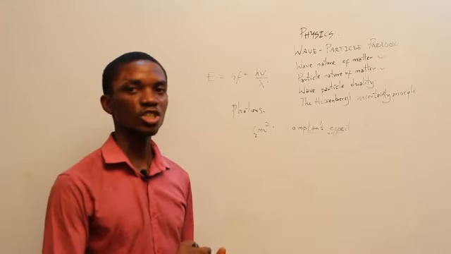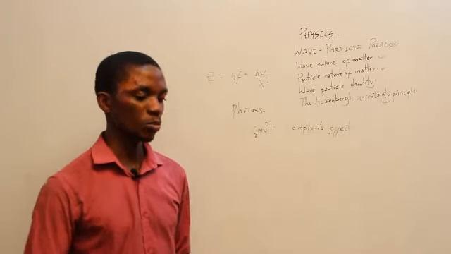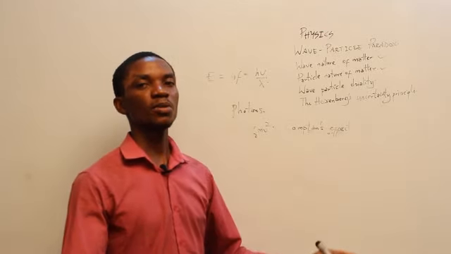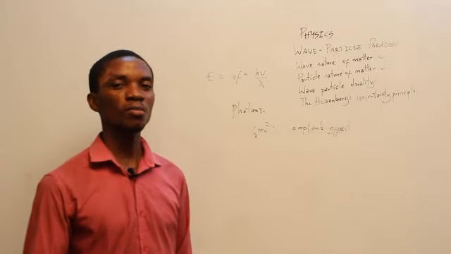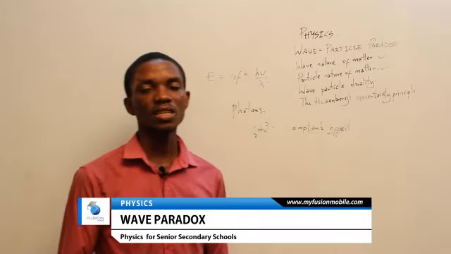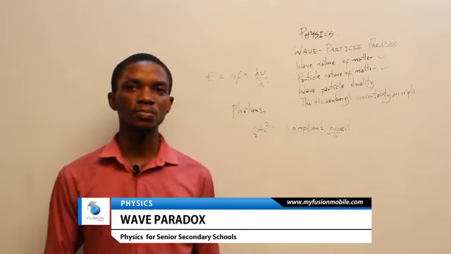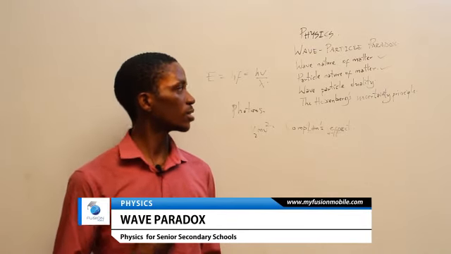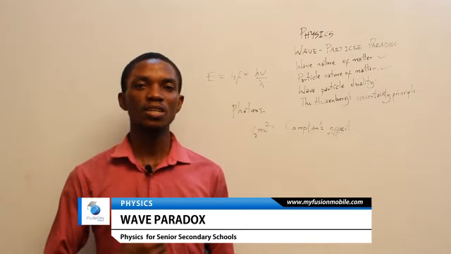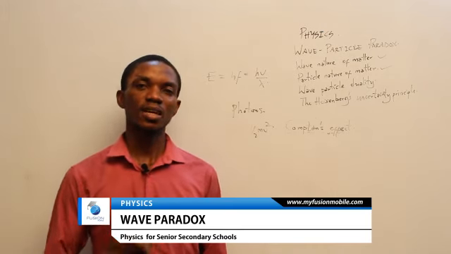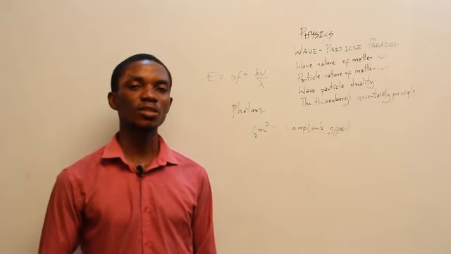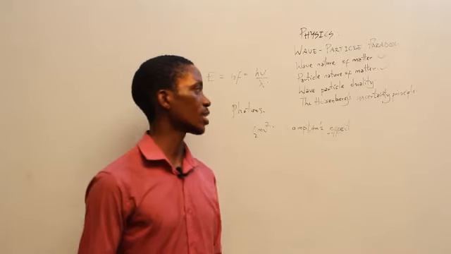That is, the initial will be equal to the final. But you see that it is sending them in separate paths, to further affirm that light exists in particulate form. So that is what the wave-particle duality explains, that matter can exist both as a wave and as a particle at the same time.